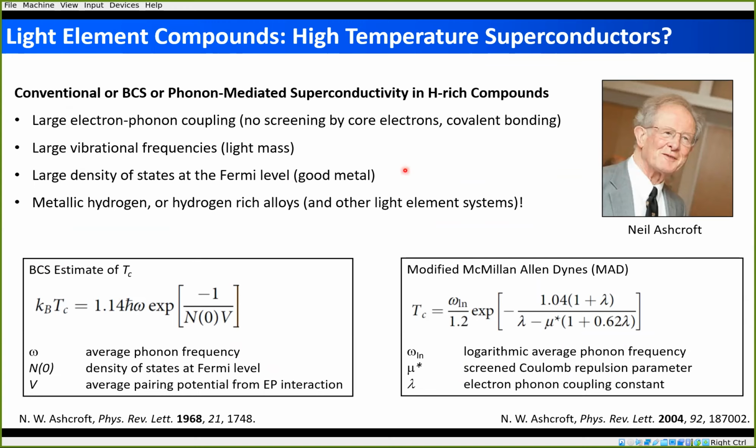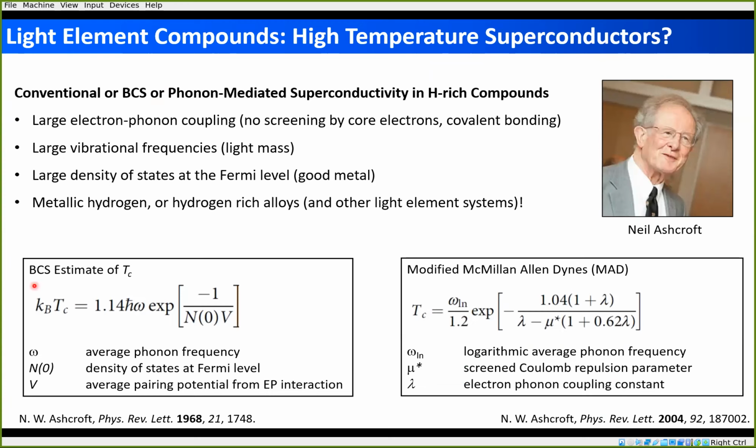Obviously, most of us here know that Neil really helped evolve this idea that if you were able to make hydrogen a metal by using chemistry, then you could lower the pressure required for metallization at the same time as keeping all of the very nice properties for superconductivity, including a large electron phonon coupling due to the fact that you don't have screening of the core electrons by any other electrons within hydrogen, having a large vibrational frequency of the hydrogen atom due to its light mass, and if you were to have a large density of states at the Fermi level.